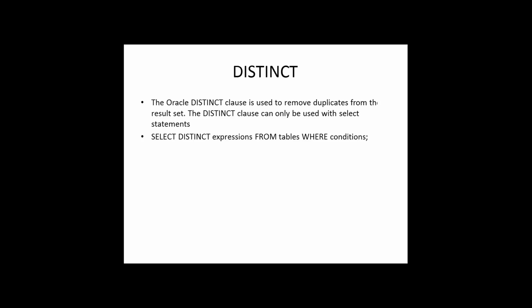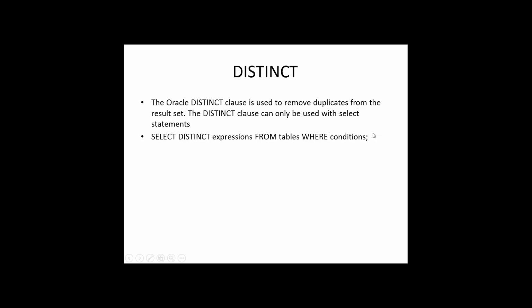The very first thing is the distinct. The distinct clause is used to remove the duplicates from the result set. We will be using distinct on the select statement. The statement is very simple. When you want to get unique records, you write distinct, the columns you want, and from the table.